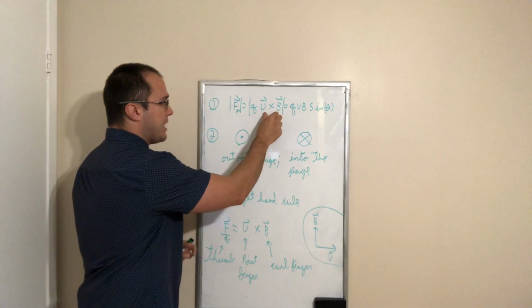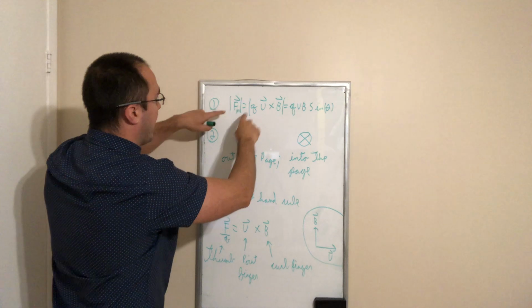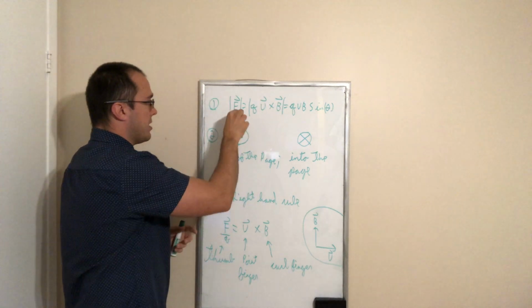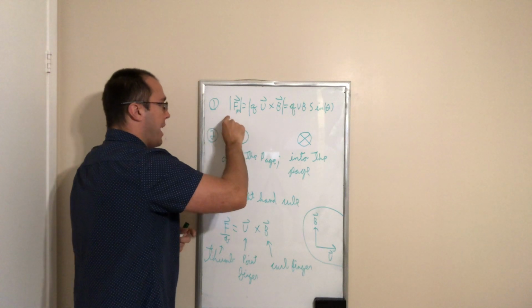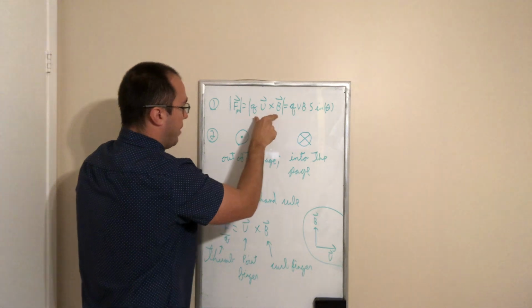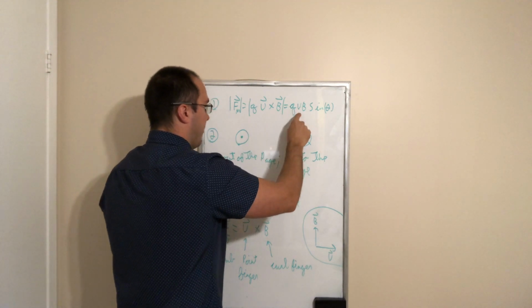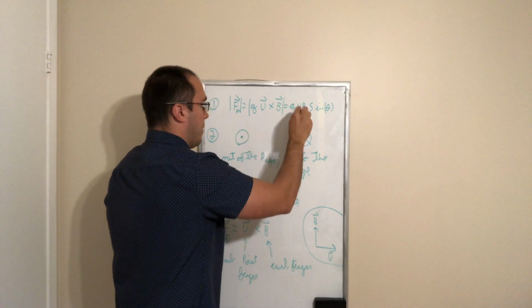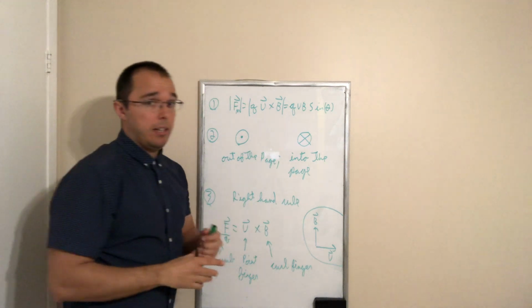We are going to simplify this value, and this is what these two brackets are. These two brackets tell us that the magnitude of the magnetic force is equal to the magnitude of this cross product, and it is equal to the charge multiplied by the magnitude of the velocity multiplied by the magnitude of the magnetic field, sine of the angle between these two.